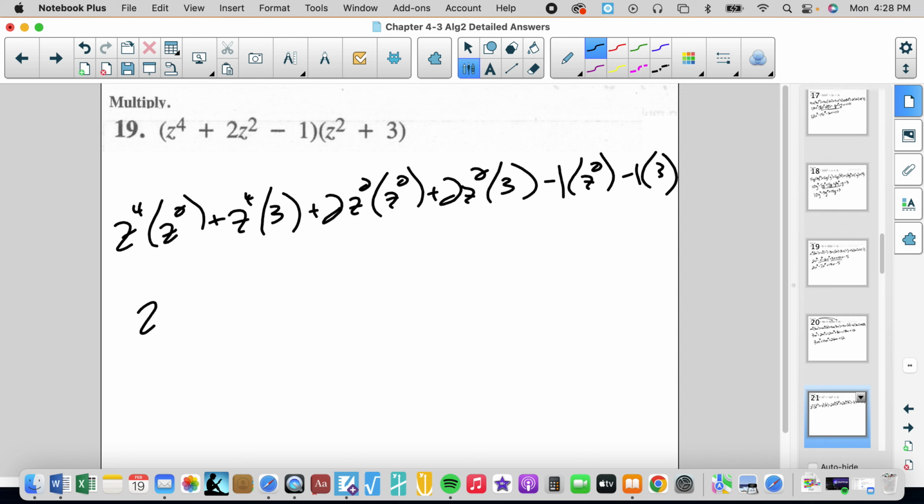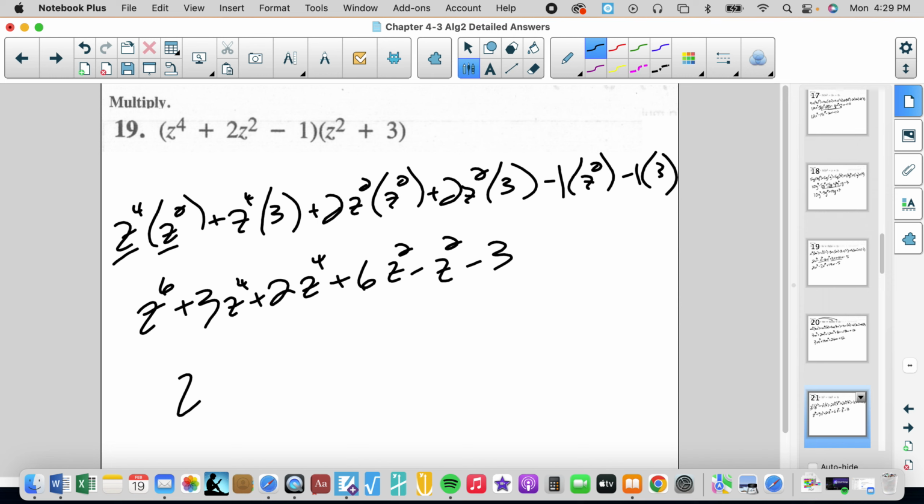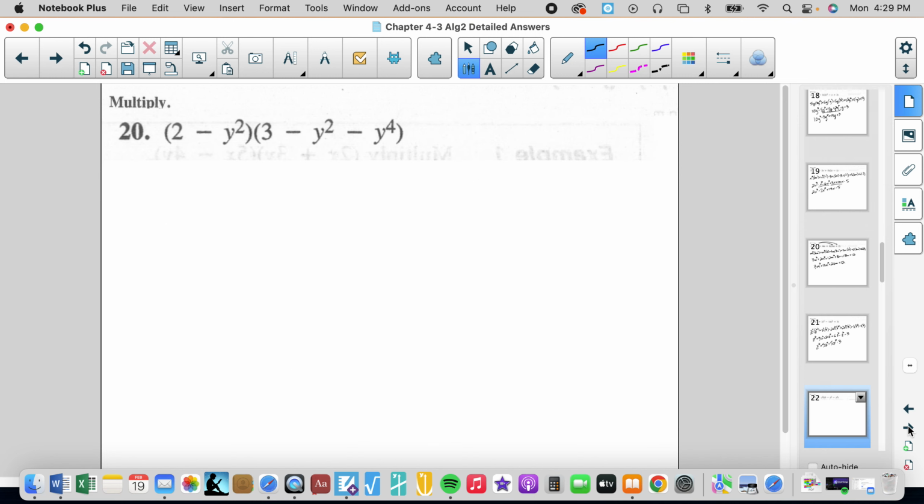So z to the 6th, remember, when we multiply like bases, we add their exponents, plus 3z to the 4th plus 2z to the 4th plus 6z squared minus z squared minus 3, z to the 6th plus 5z to the 4th plus 5z squared minus 3. That was an interesting one.